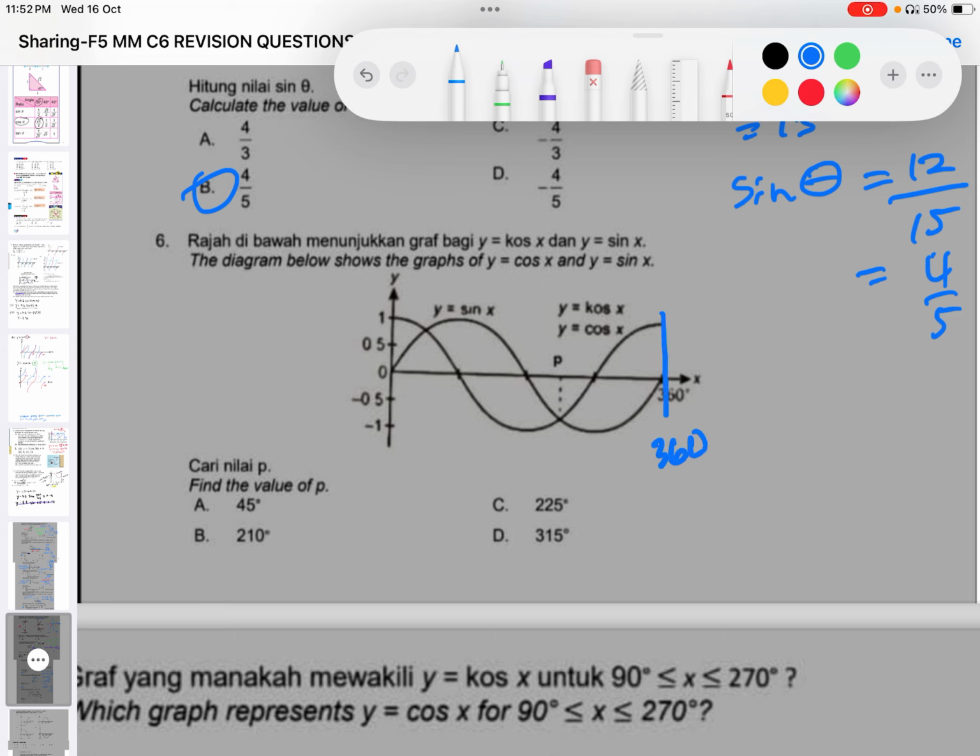Separuh, kalau kita tengok dekat graf sin. Okay. Separuh daripada lengkungan yang ni which will be 270.